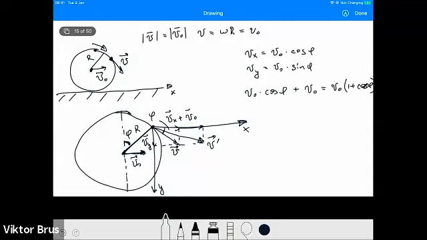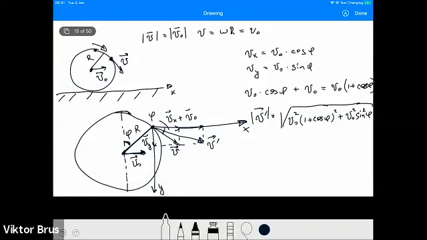So the total velocity, which is V prime now, in absolute value will be equal to the square root of V naught (1 plus cosine phi) squared, plus the y component. This is the x component, and then we need to add the y component, which is V naught squared multiplied by sine squared phi.